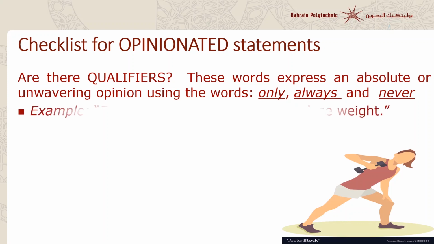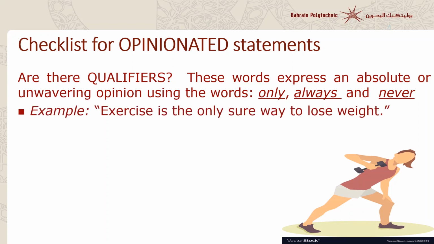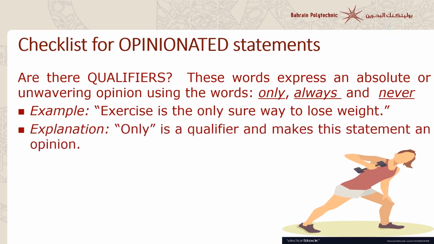For example, if you say, exercise is the only sure way to lose weight, is that a fact or an opinion? Well, in that statement, only as a qualifier or a qualifying word is used, and that makes the statement an opinion. However, there is an exception to the rule here when we make statements relating to the natural sciences.